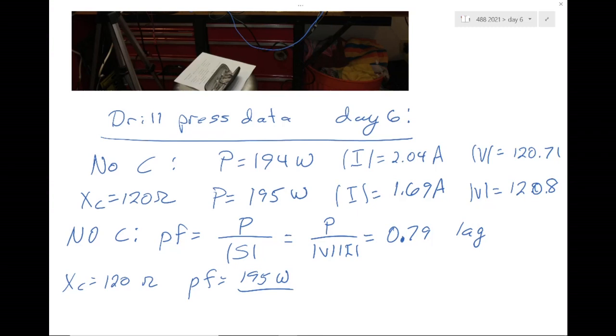How about the voltage, 120.8? Is that significantly different than 120.7? No, I can't assume that the meter is that accurate. There was another significant digit beyond that 0.7 and 0.8, but still, statistically, I would not assume that that's different.